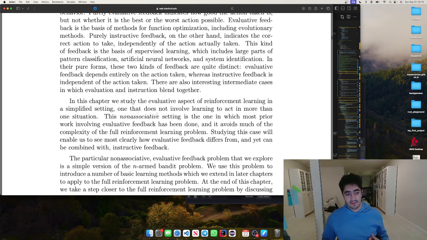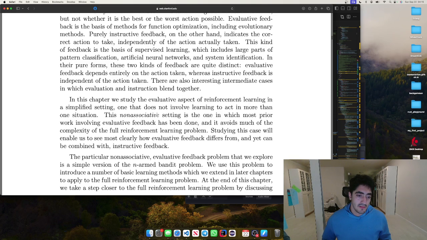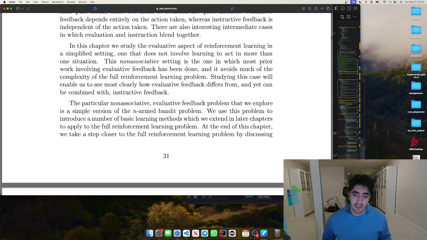Studying this case will enable us to see most clearly how evaluative feedback differs from and yet can be combined with instructive feedback. The particular non-associative evaluative feedback problem that we explore is a simple version of the n-armed bandit problem.